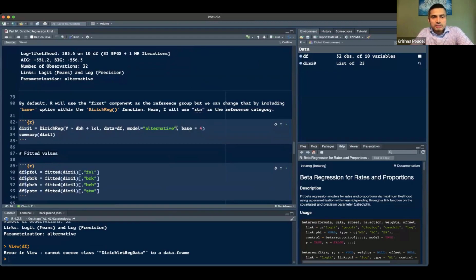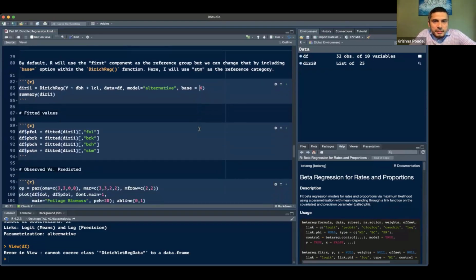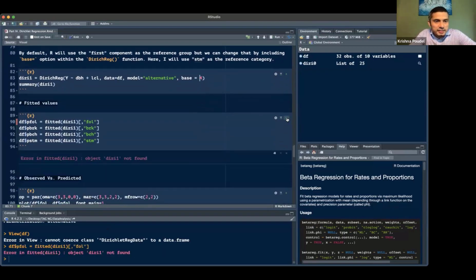Here I'm using base equals 4. That means the 4th component in the data set, which is stem wood, will be our reference group. That way we can get coefficients for all other components.